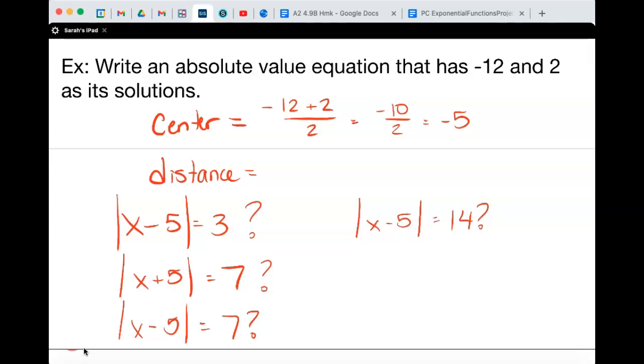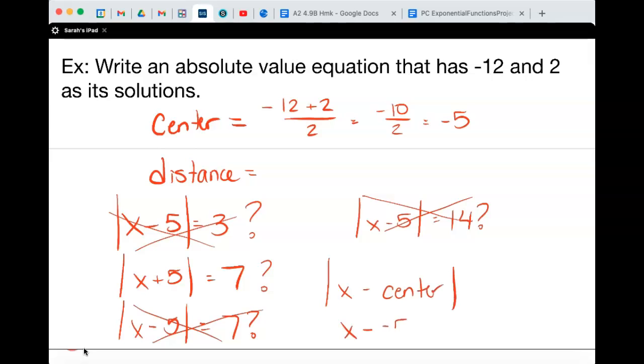So just based on center alone, that one's not right. That one's not right. That one's not right. Because in our formula, it's x minus the center. But if our center is negative, it's x minus negative 5, which would change to positive 5.